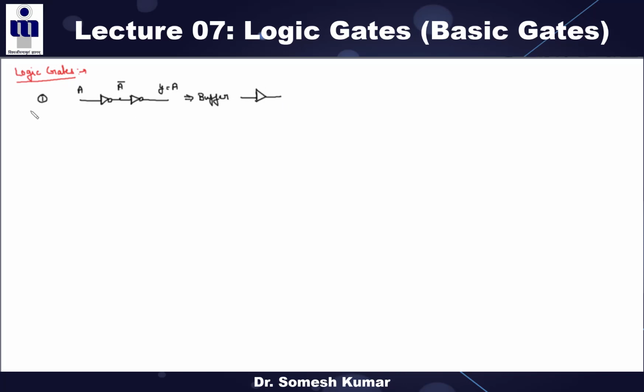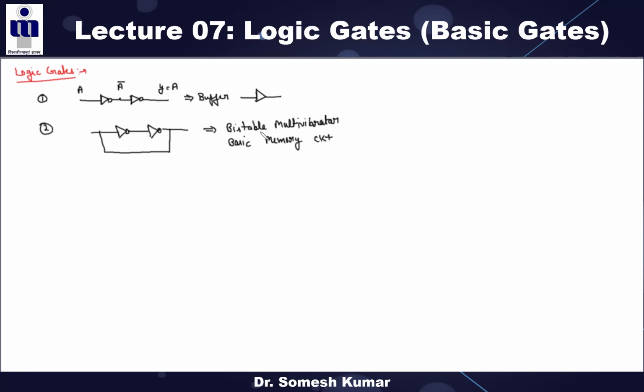In the second circuit, these are two NOT gates, and one feedback is connected like this, right? So this circuit is called a bistable multivibrator, and it is also your basic memory circuit.